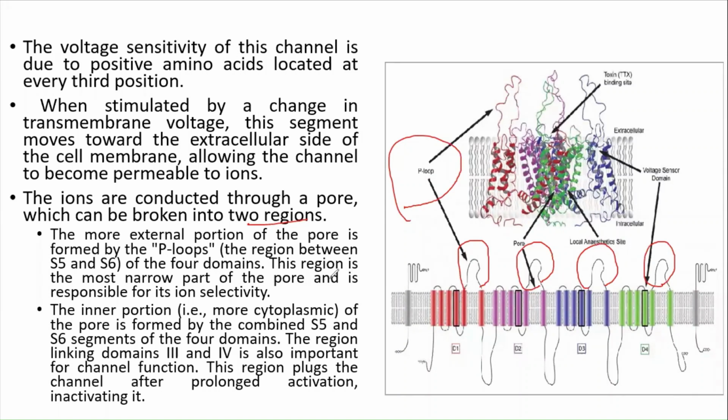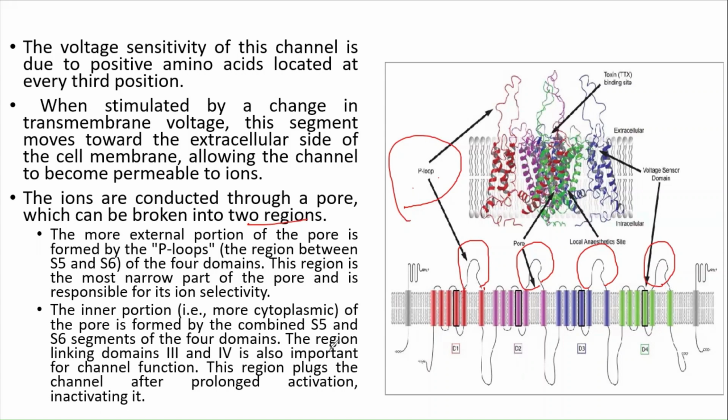In a future exam, if it asks what is the selectivity filter in the Na plus channel, then you have to talk about the P loop which is formed by segment 5 and segment 6 of all the 4 domains of the alpha subunit of your Na plus channel. Now, the inner portion of the pore is formed by the combined S5 and S6 segments of the 4 domains.